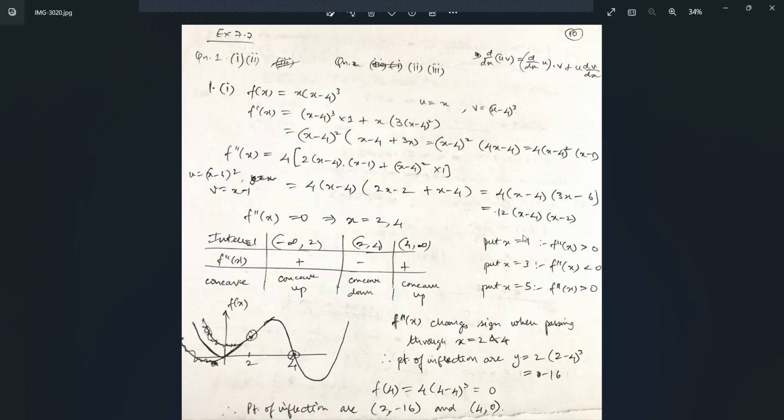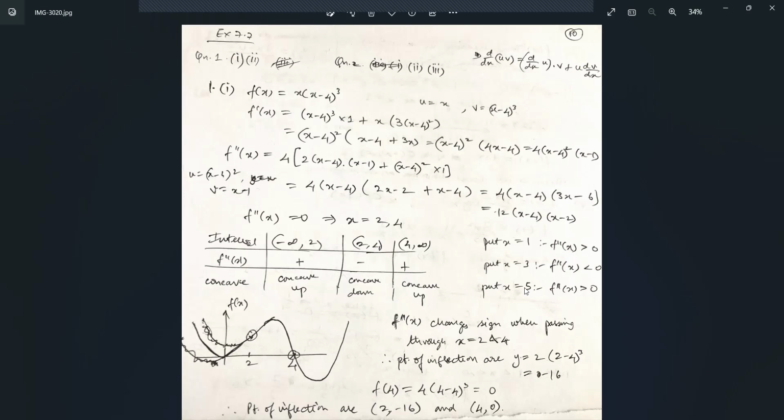So I put x equal to 1, and what I get is f double dash x is greater than 0, as this is negative, this is negative, and negative times negative is positive. Now between 2 to 4, I have 3. So when I substitute x equal to 3, I get 3 minus 4 is negative, 3 minus 2 is positive. So f double dash x is less than 0.